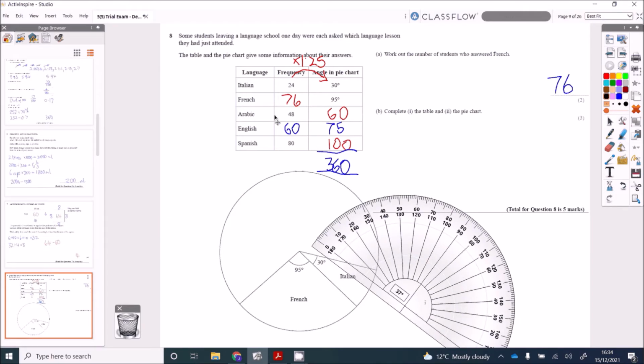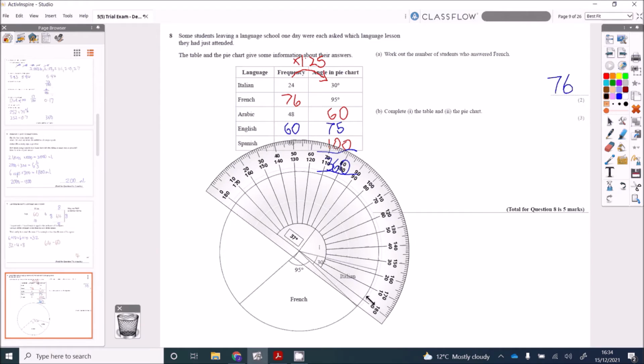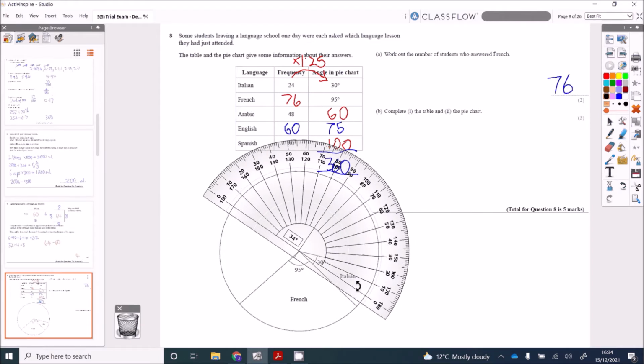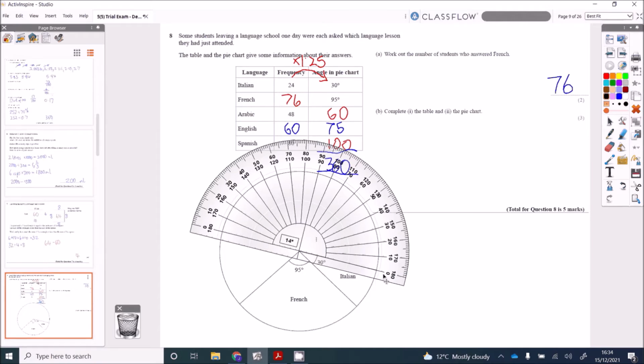Right, so now filling in the angles, using my protractor, I've got French and Italian already on there, so I now need to do the Arabic, which has got to be 60 degrees. So get your protractor, bring it up to the center, and get the noughts where the Italian one finishes. I'm using the inner scale for going around, so my 60 degrees is there.